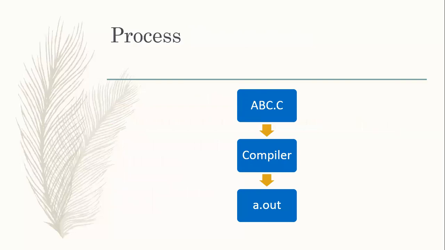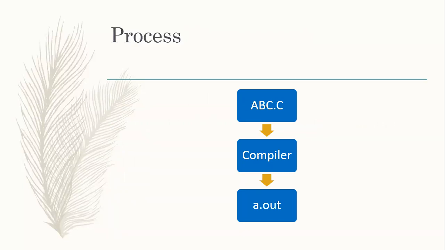Let's take one example. Suppose I have written one code in C language, that is abc.c. Generally, we first compile this program and generate its a.out, and in Windows we call it an exe file.